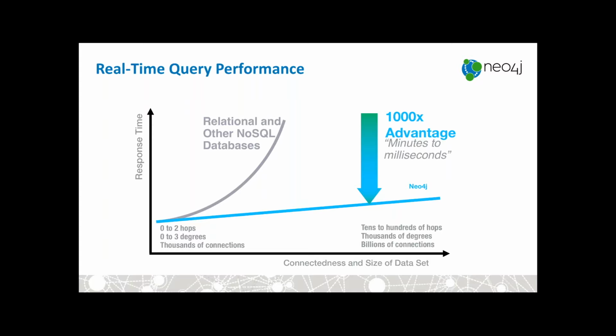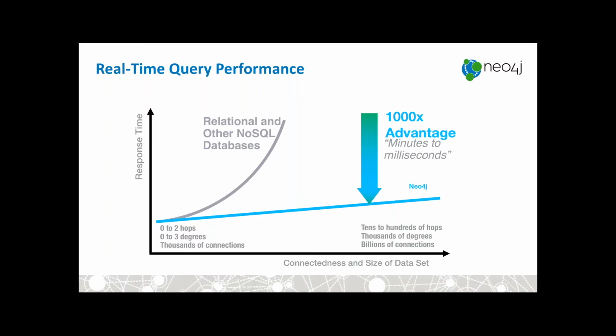So over time, we've seen many people measure themselves against Neo, and as they say, there are lies, damn lies, statistics, and vendor benchmarks. But our qualitative experience is that at trivial levels of connectivity, 0 to 2 hops, a very low degree of connectivity, small numbers of connections, just at that asymptotic part of the chart, Neo4j and MySQL are approximately similar.